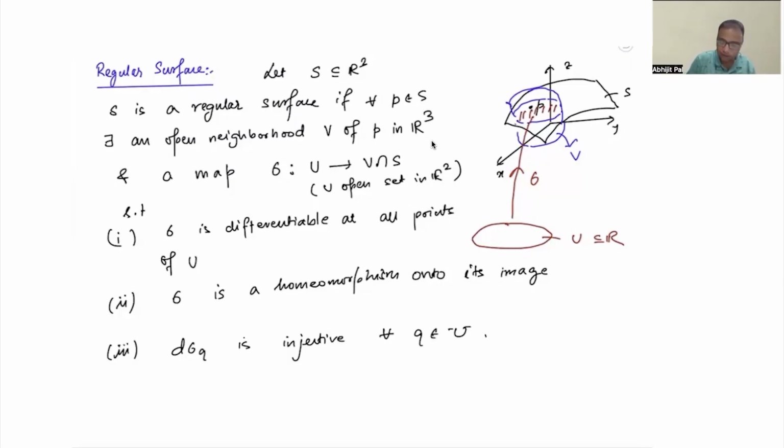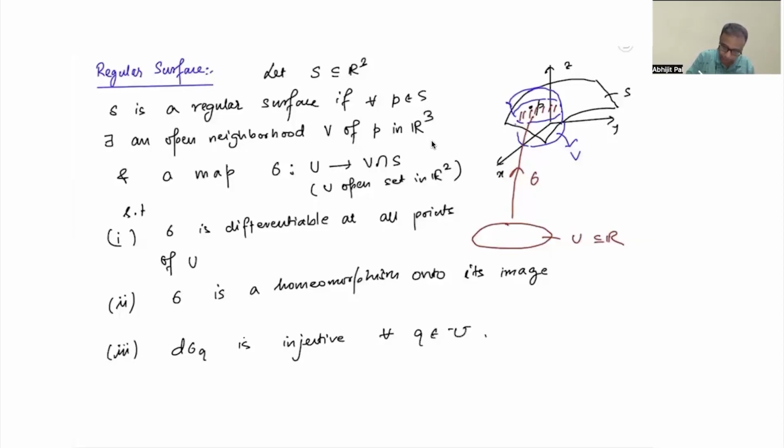So if we can cover this S by such pairs P, B such that these conditions are satisfied, then we call S a regular surface.